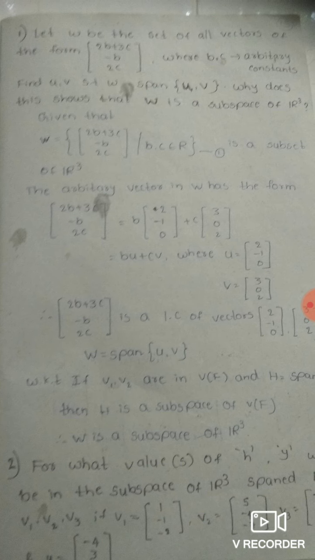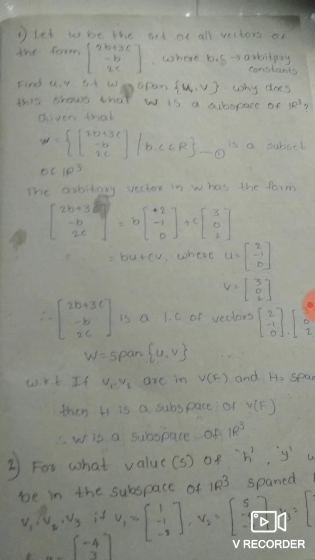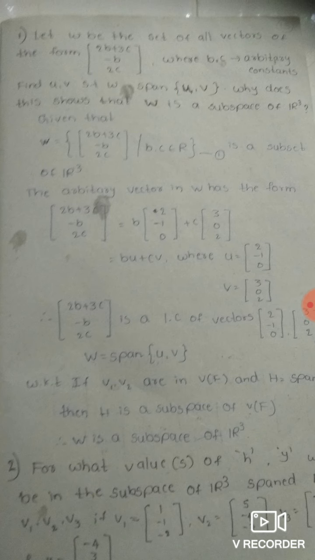Okay, first find the u and v vectors. The arbitrary vector in W has the form (2b + 3c, -b, 2c). It is written as a linear combination of vectors, that is b times (2, -1, 0) plus c times (3, 0, 2).